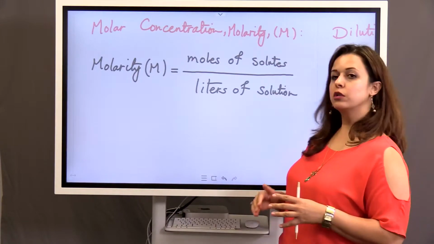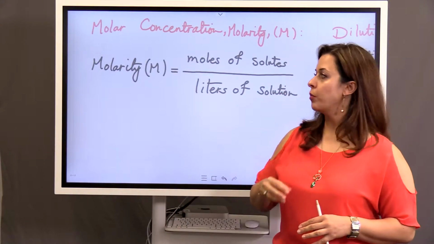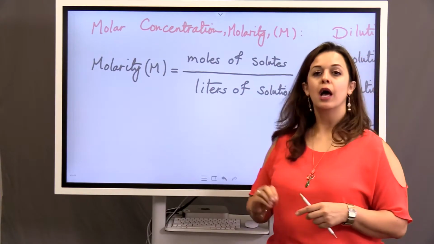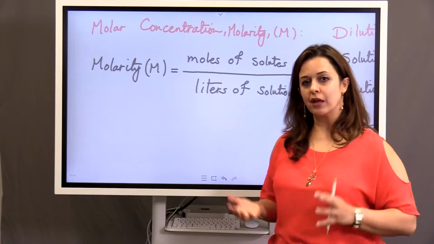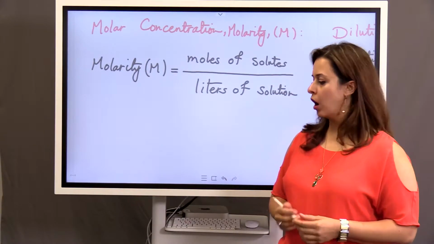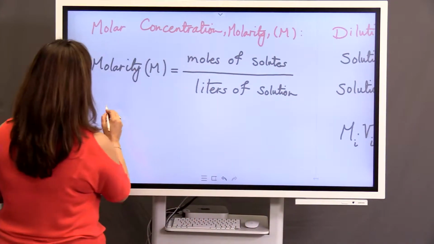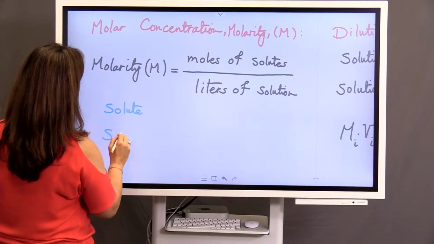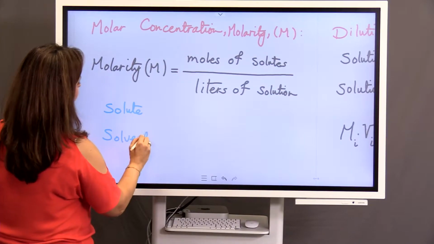You know that in each solution you have the component which appears in a lesser concentration, which is called the solute, and also you have a solvent. An example of solute and solvent is some lemonade.